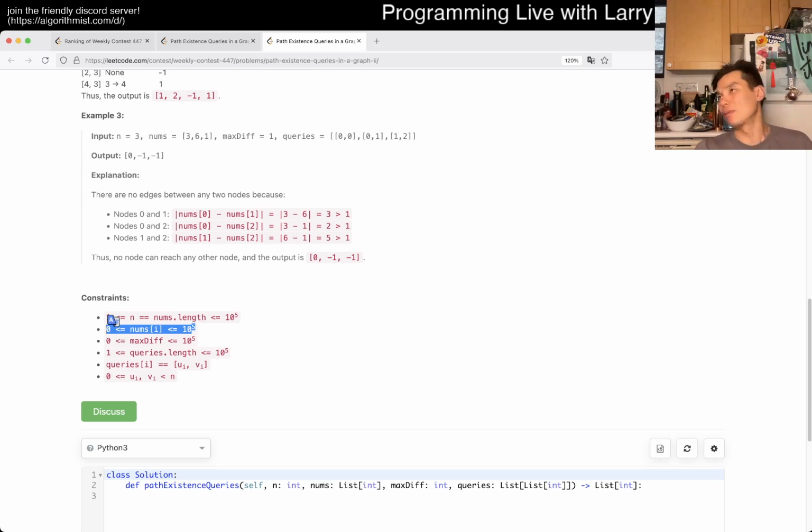I mean, that sounds right, but it's annoying to implement, isn't it?